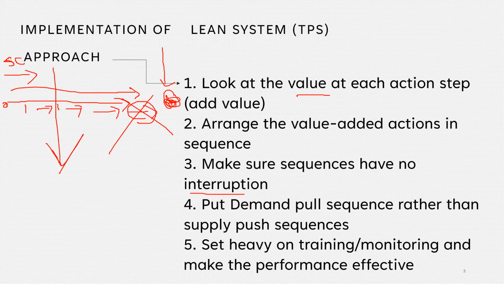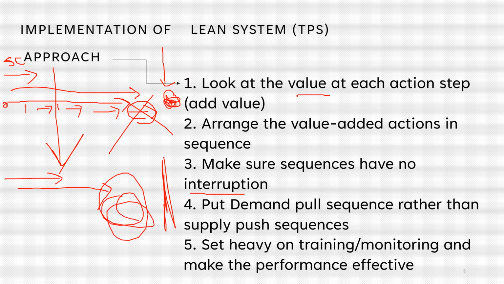Instead of regular mass production, where it doesn't matter about the customer order, we don't think about it, we always produce, and then they pile up here, and the customer comes and orders and you ship. This is the nature of mass production. Right now, the customer orders and then you produce. So everything in your production system has to be up and running in order to meet the demand of the customer.